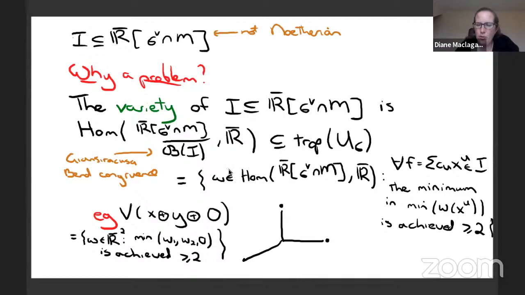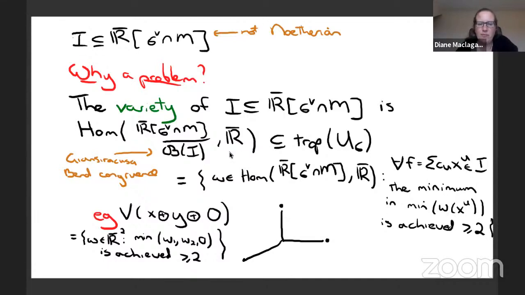Rather than telling you how to take an ideal and turn it into a congruence, I'll just say we can think about it concretely as the set of W in this homomorphism set, the set of maps from R bar adjoin sigma dual intersect M to R bar, that have the property that whenever you have a polynomial in the ideal, the minimum of W of x to the U for the x to the U that show up is achieved at least twice.